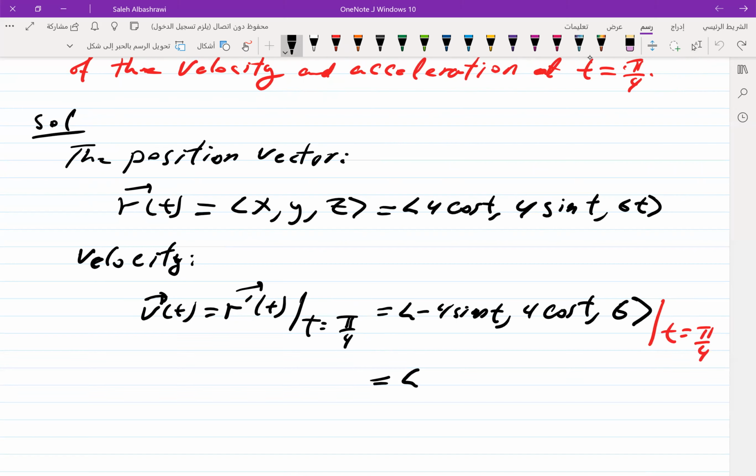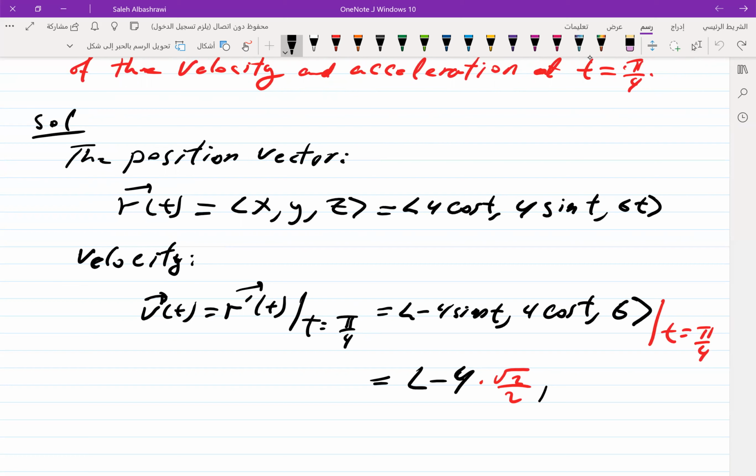I will just substitute, minus 4, 4 and 6, when we replace t by pi over 4. Sine pi over 4 gives minus 4 multiplied by square root 2 divided by 2.